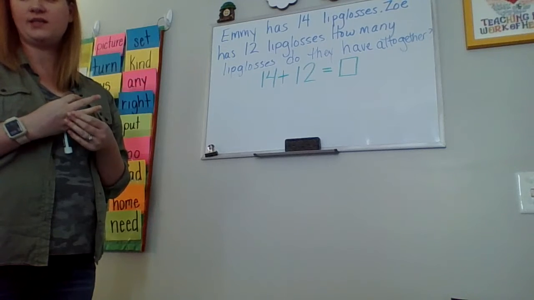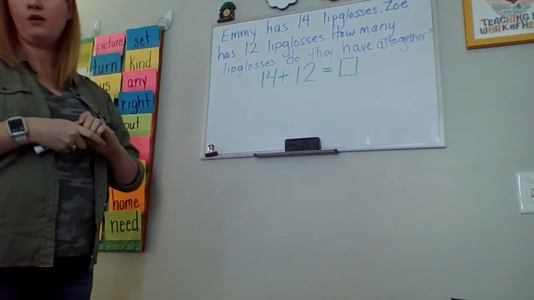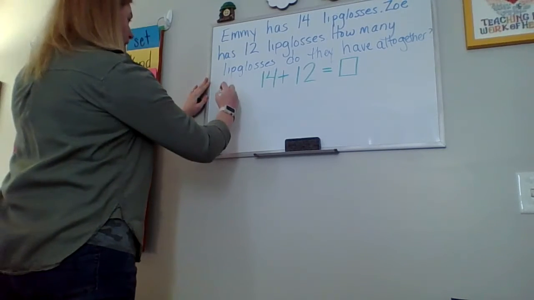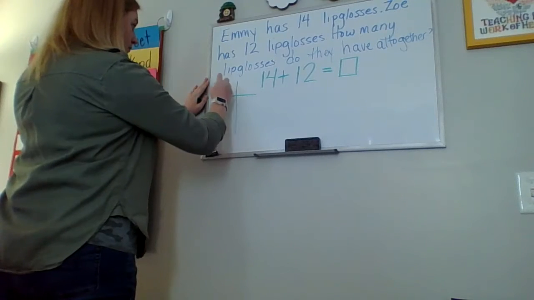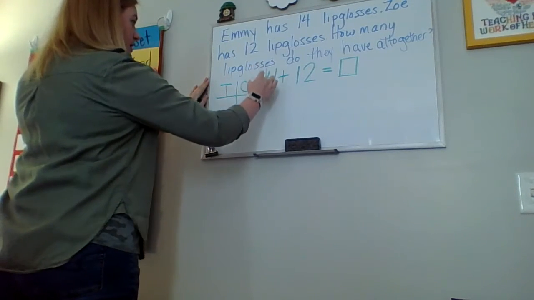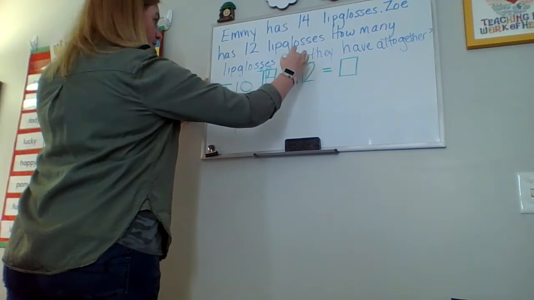Watch your ones place. Count your circles again. Make sure you have 14 and 12. That's why circles might be hard, because you have to draw a lot. Okay? So if you're doing a tens and ones chart, you gotta make sure you divide your numbers correctly into tens and ones.